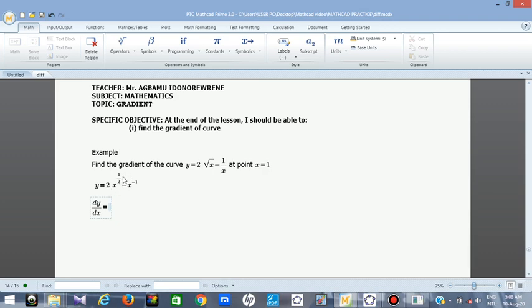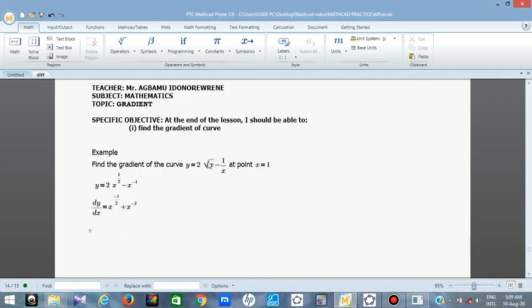Then you subtract 1 from the power, so this is going to give us x raised to power minus 1 over 2. The power is half, so half minus 1 is minus half. Then the next one is this term here, minus 1 times minus 1 is going to have plus x, then minus 1 is going to give us raised to power minus 2. So that is the differentiation of this.